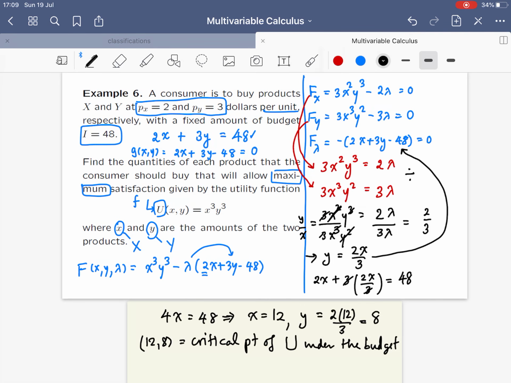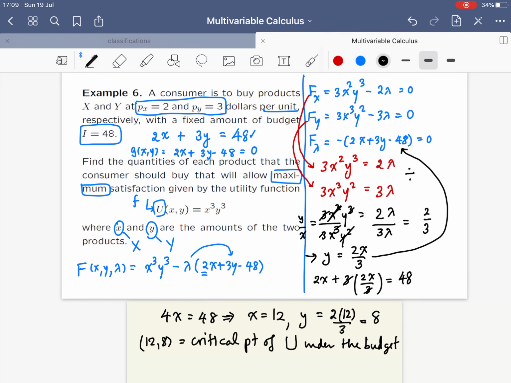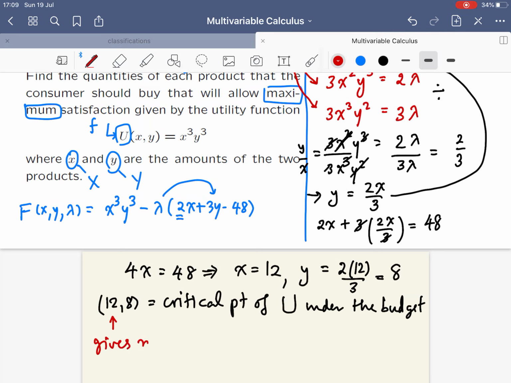This one will correspond immediately with your maximum utility. It means that this one will give maximum satisfaction under the budget condition.